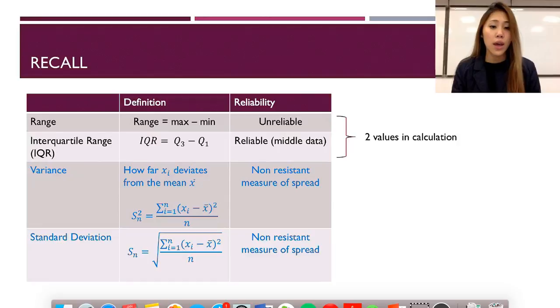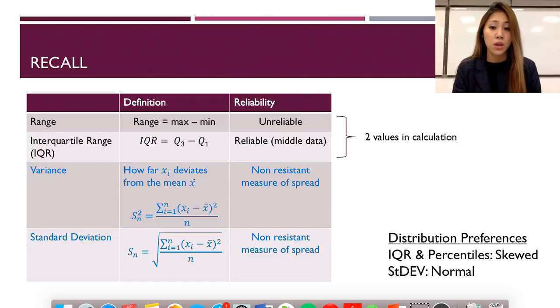We're going to take a look at the distribution preferences. For interquartile range and percentiles, we actually prefer skewed distributions because you only have two data points, right? Q3 minus Q1. Whereas standard deviation takes into account the whole data set, so it's better to have a normal distribution to analyze standard deviation from.